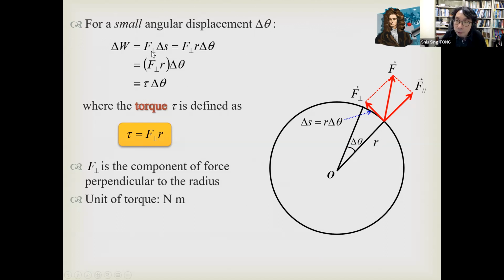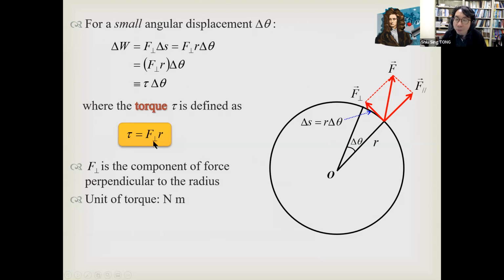So the work done will be F per, the perpendicular component of the force, multiplied by delta s. But delta s is R delta theta. So if I combine the F per and R, and define it as torque, then the work done will become torque multiplied by delta theta. So we define the torque this way.